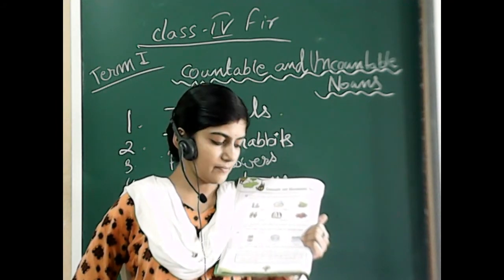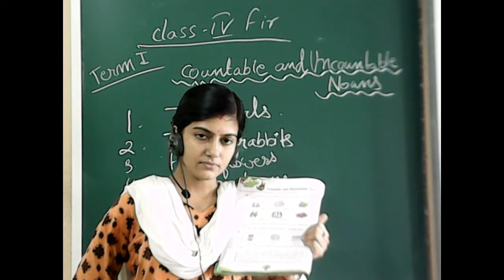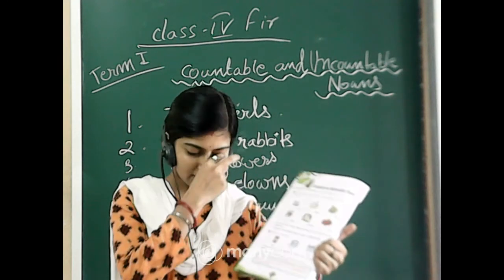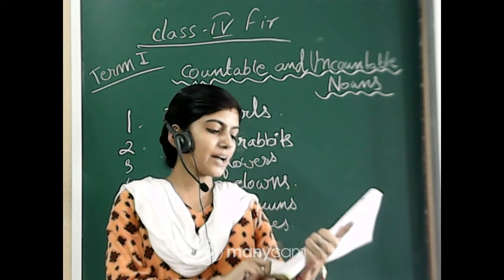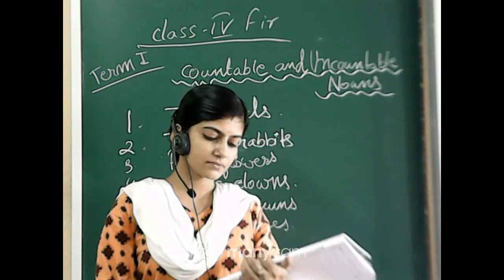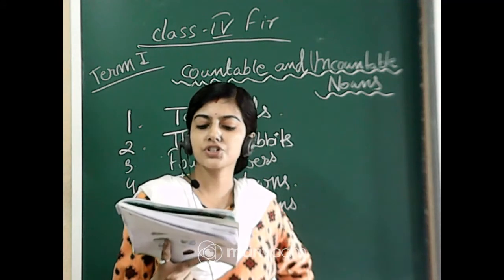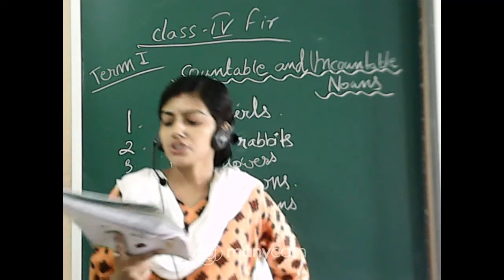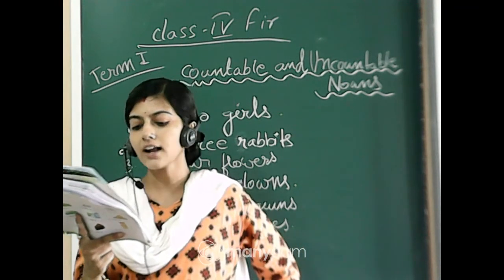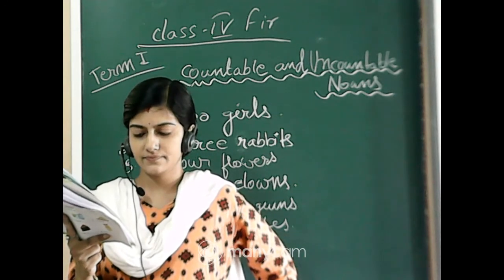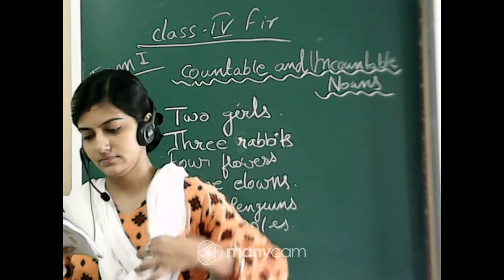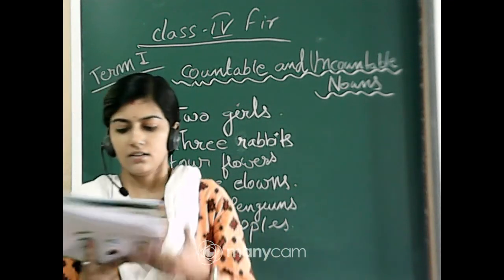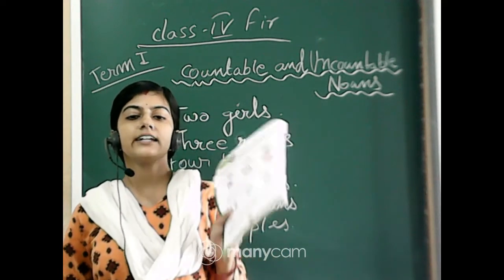No. So these three are uncountable nouns: sugar, milk and water. We cannot count sugar, milk or water. So sugar, milk and water are uncountable nouns. We can only measure their quantity.